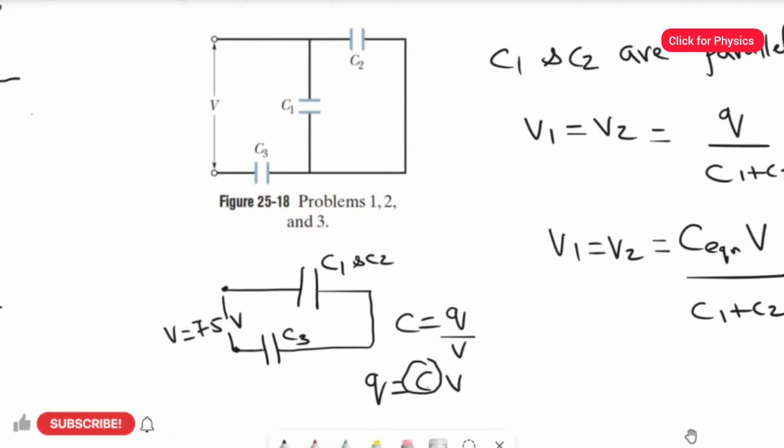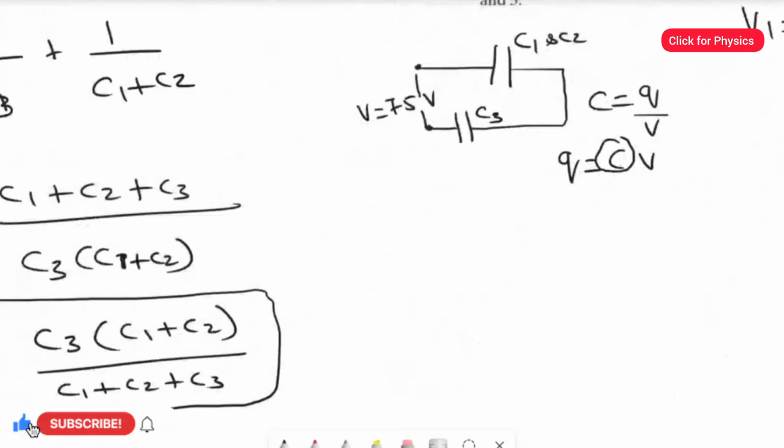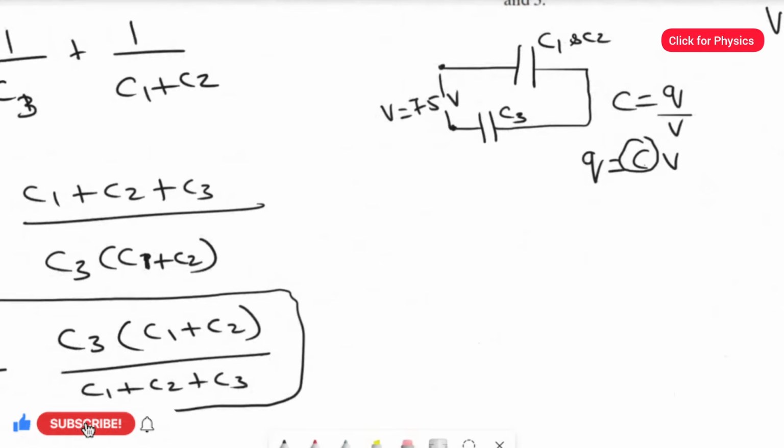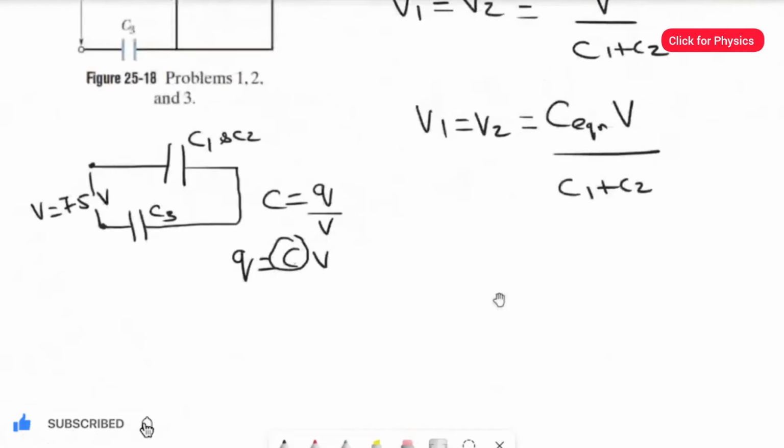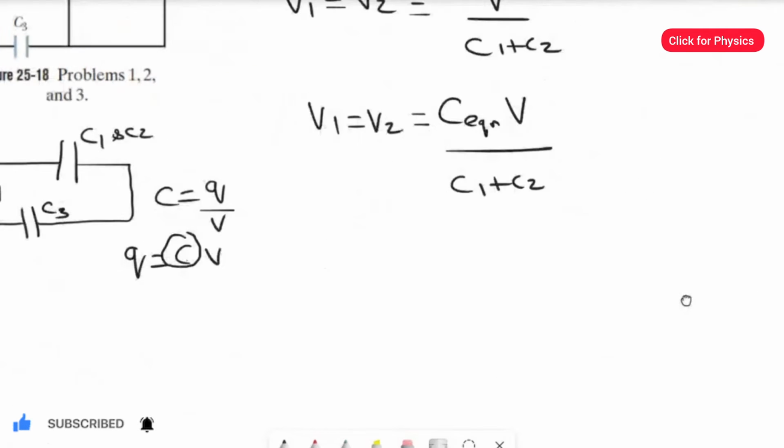Now I am going to take the equivalent capacitance equation and substitute it in this place. Let's see what we get.